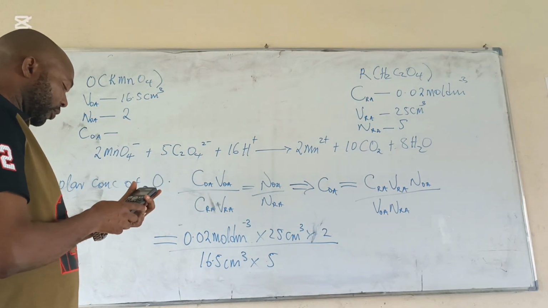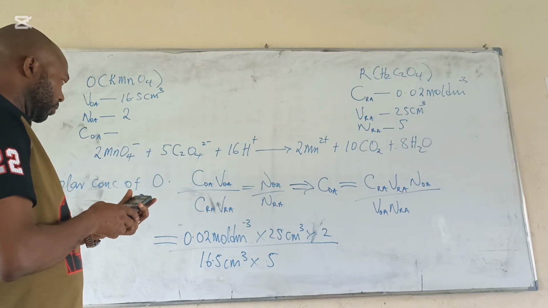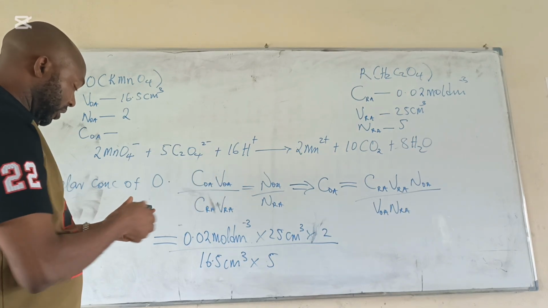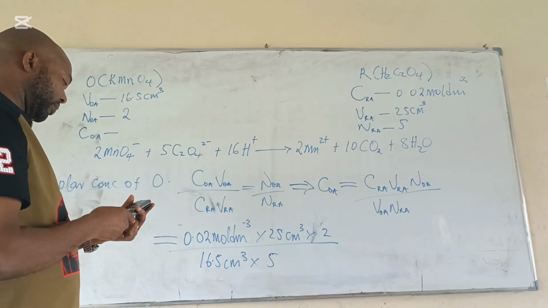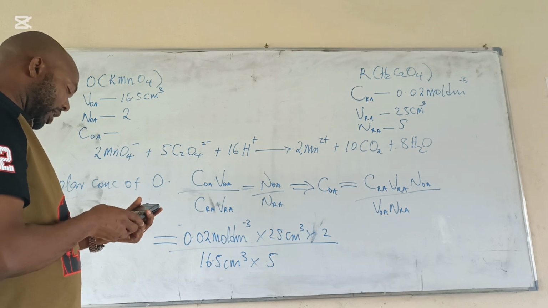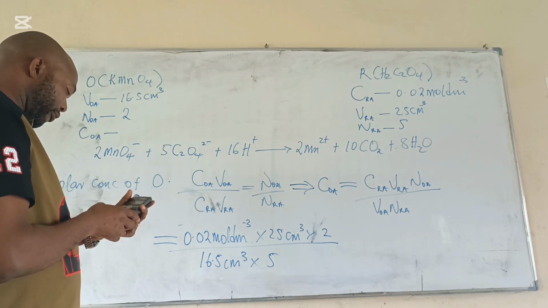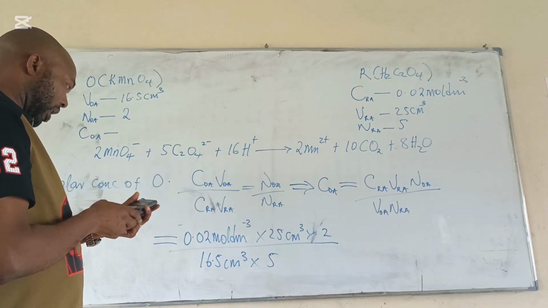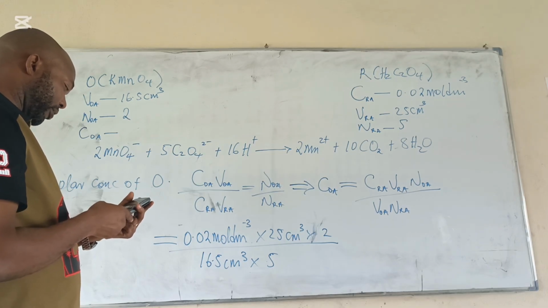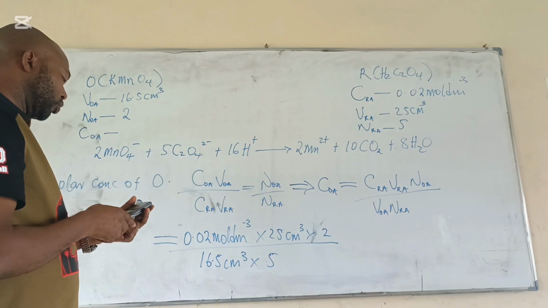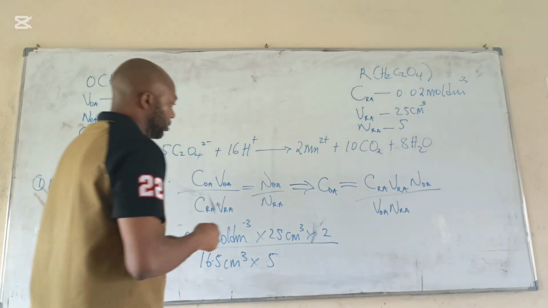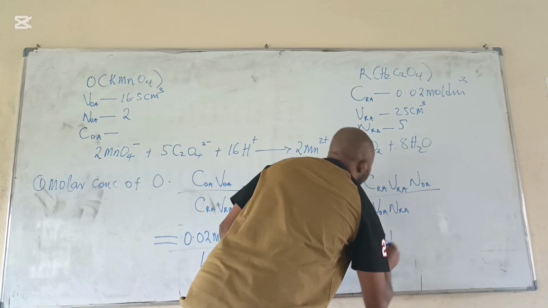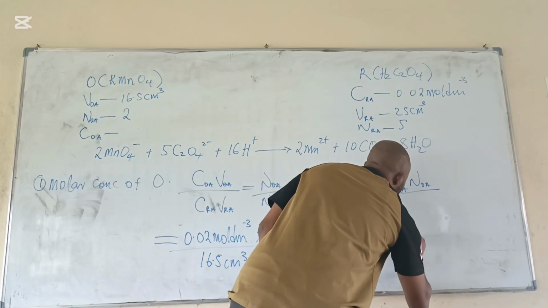So I have 0.02 times 50 divided by 16.5 and 5. That gives 0.0121 mole per dm³.